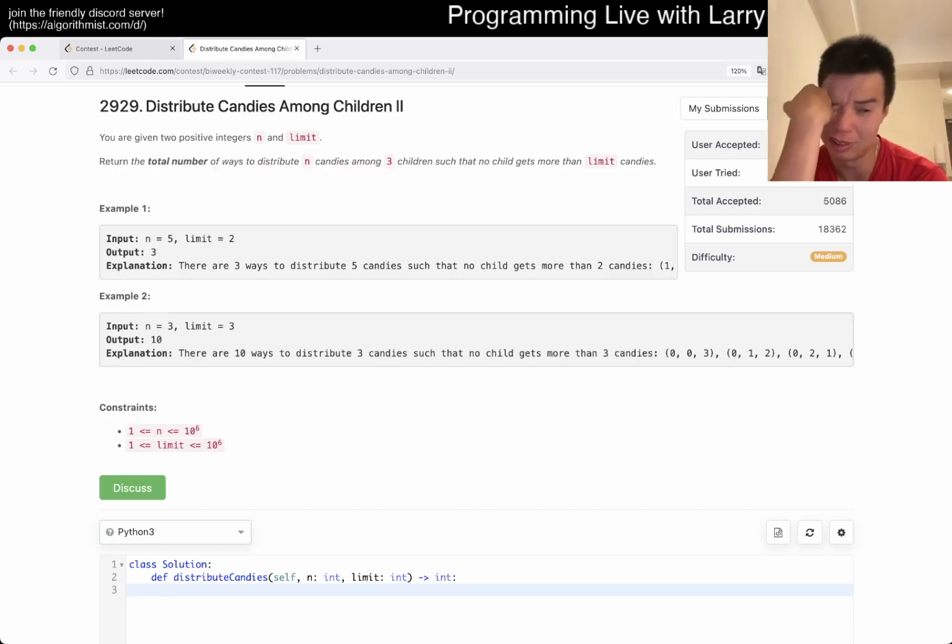That would be a really weird way to do it. How many ways are there for one thing to be limited, right? Two things. No, that's not right.